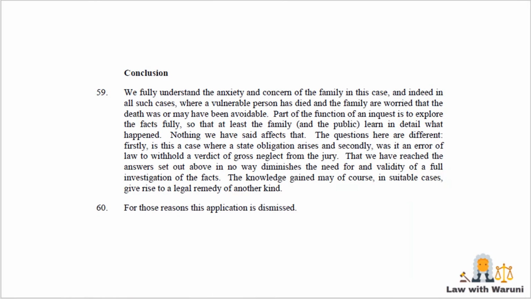Then you can see the conclusion of the case or the decision of the case. However, remember that, as I told you earlier, these headings and the style of writing change with the judge who writes the judgment. So sometimes instead of the heading conclusion, you may even get the heading decision.